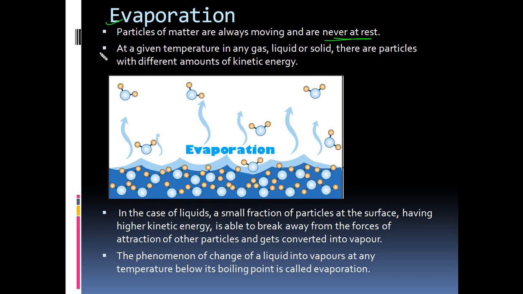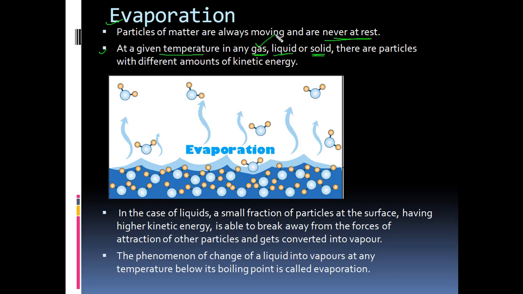At a given temperature, in any gas, liquid or solid, there are particles with different amounts of kinetic energy. At a given temperature, some material may be in gaseous state, some in liquid state, some in solid state.